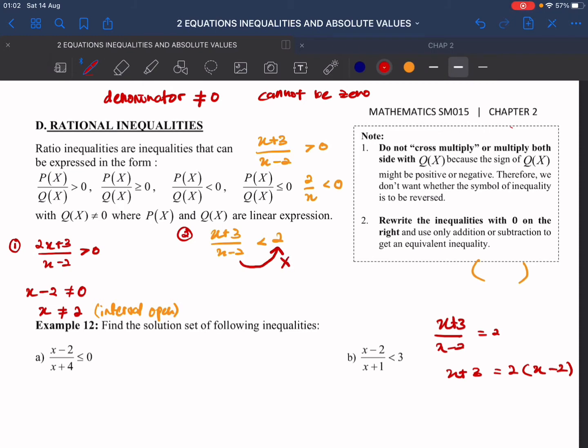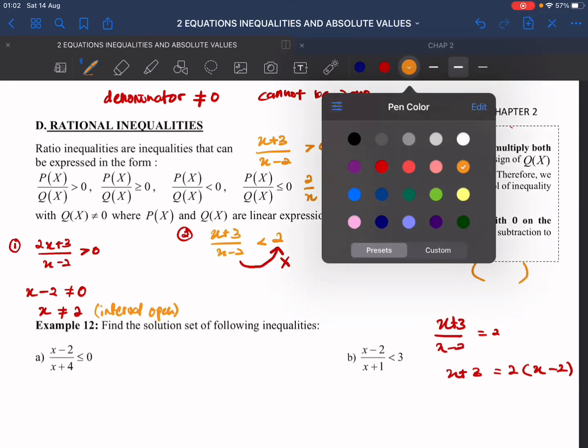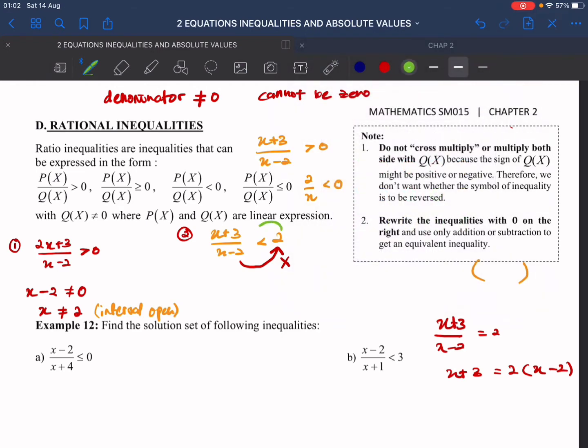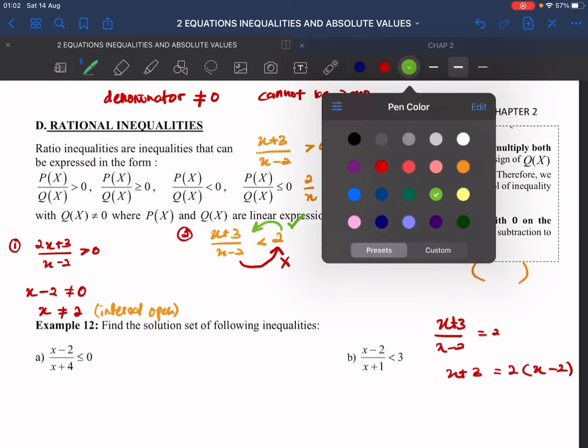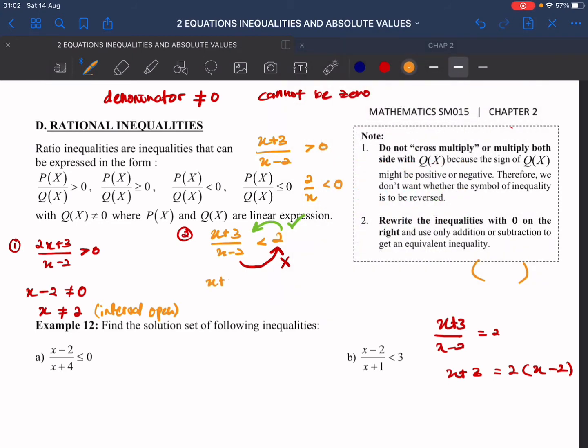But what are we supposed to do? Kita tukar sikit kali hijau. Kita bawa ini pergi ke sebelah sini. Okay, apa yang ada on right hand side, we bring to left hand side. So inequalities kita jadi macam mana? Akan jadi x plus 3 over x minus 2 less than 0. Okay, so nanti kita akan samakan denominator lah.